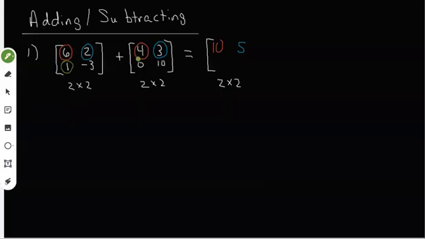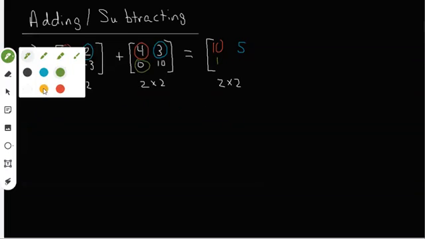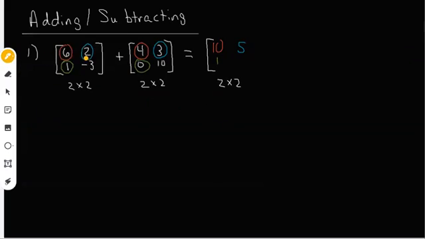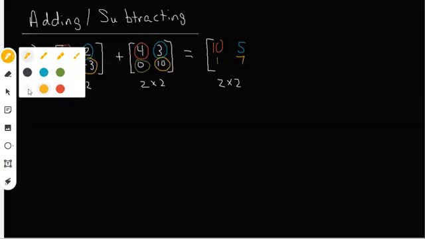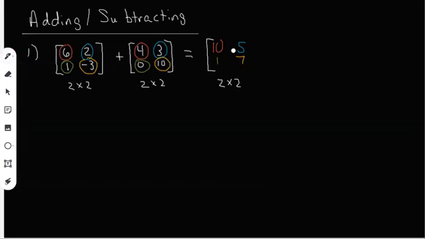The 1 and the 0. So let's add these two numbers together. What's 1 plus 0? That's going to give me 1. And now let's circle the last number. Negative 3 and positive 10. If we add those together, you're going to get a positive 7. And we're done. Now we can close this matrix up.